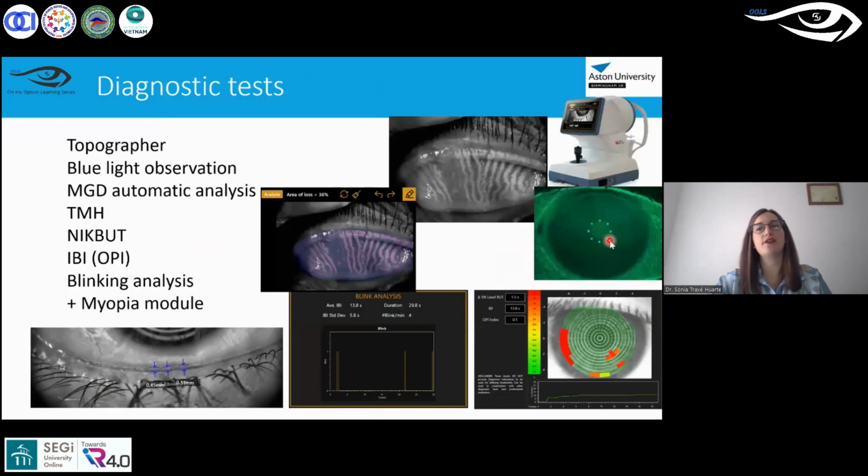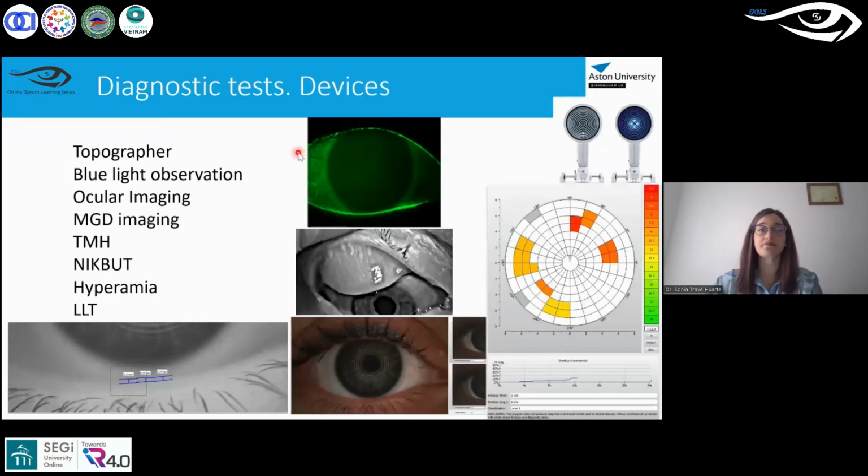And then there's obviously other devices that can help you with the break-up time, the tear meniscus height, and even Meibomian gland assessment. So there's some like this one that you just draw along the line, and they'll tell you the automated amount of dropout of Meibomian glands.